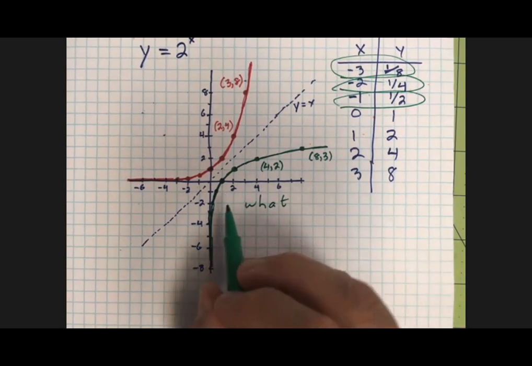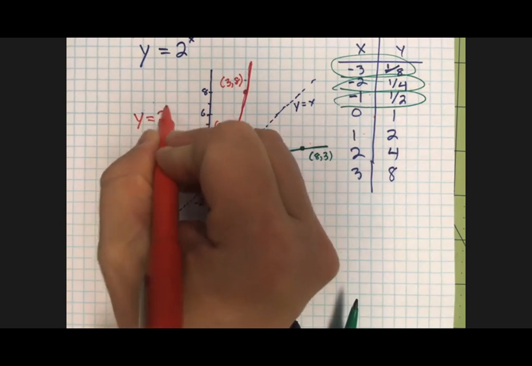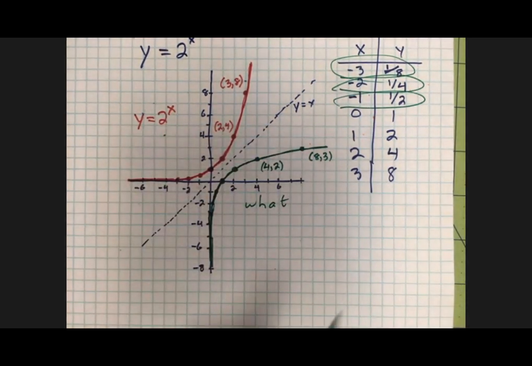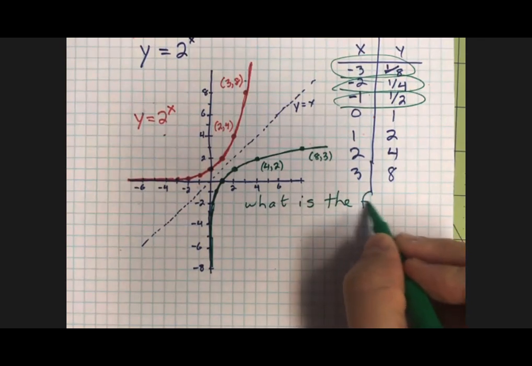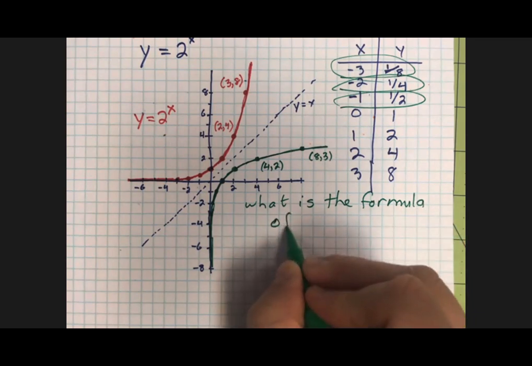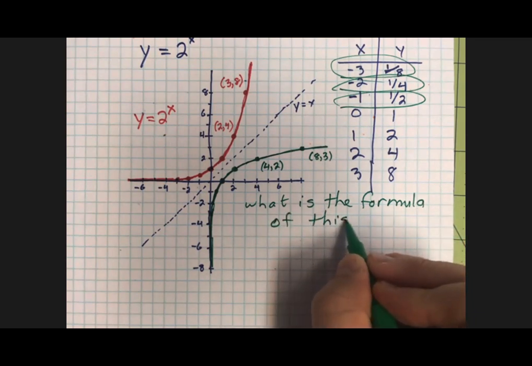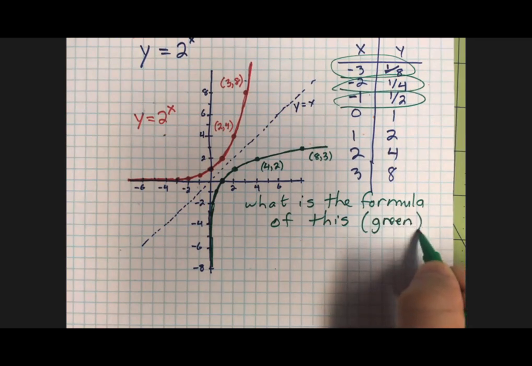So the question is, if I know the formula of this red function, what in the world is the formula of this, as I drew it, green function?